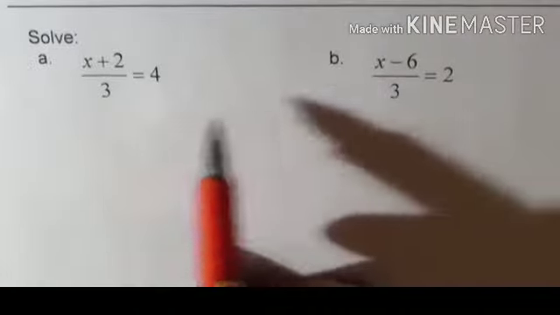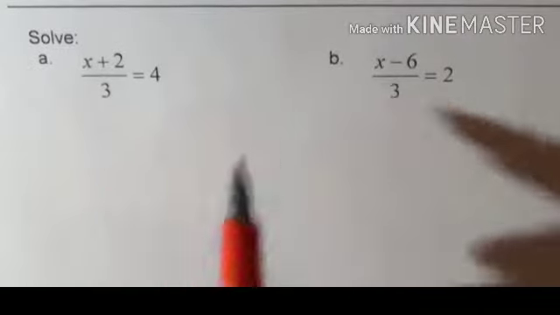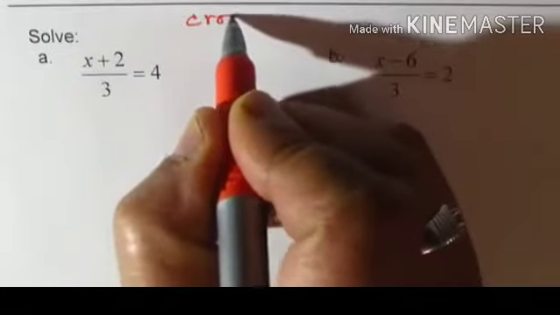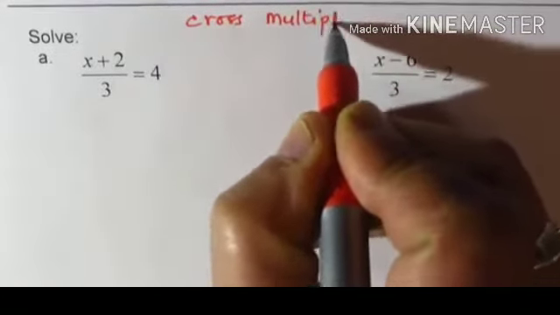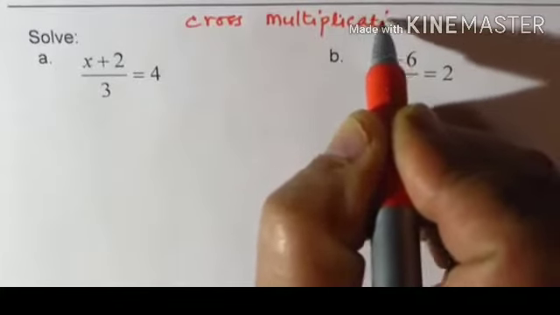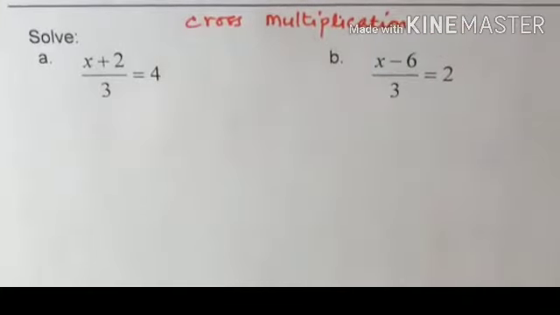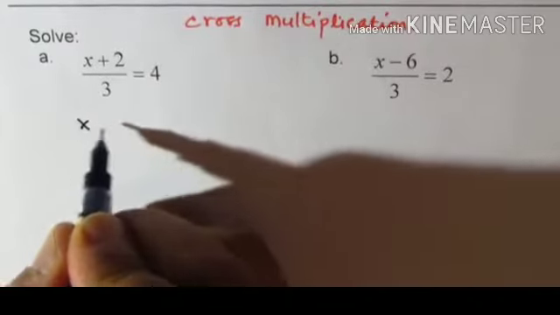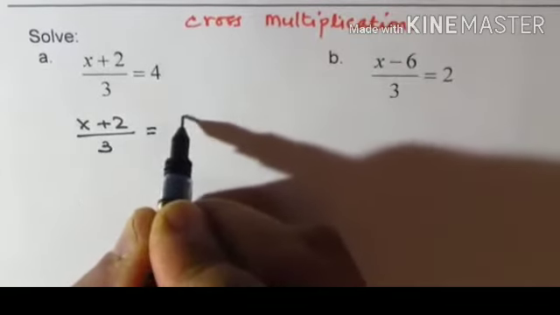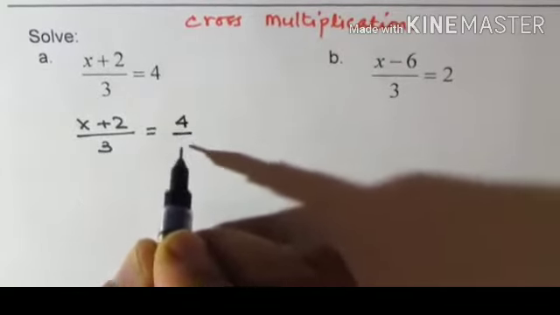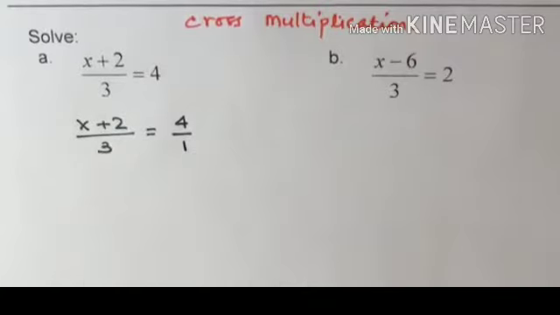Now in such a case, which is kind of a ratio, you could do cross multiplication. Let's understand what we are trying to do. Think like this. We have our equation as x plus 2 over 3 equals 4 over nothing. So think we have 1 here.